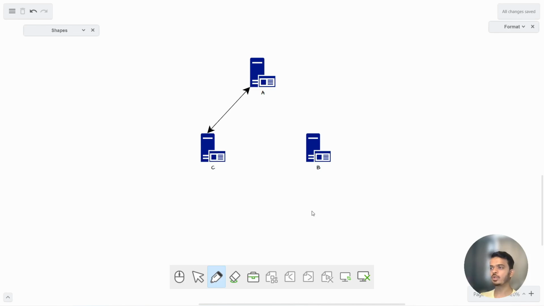So we'll consider the same case of network partition, where users are still connected to subnetwork AC and subnetwork B. Now let's say there is a write request, and this write request is coming from a client that is connected to node B. If we allow the client to write on node B, then the data present on node A and node C would be stale data.